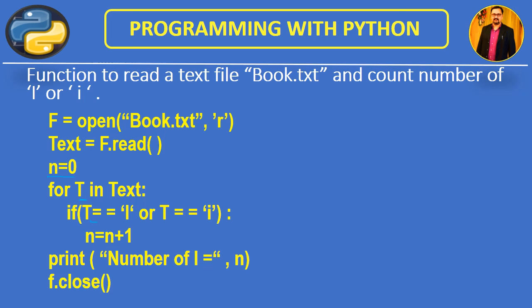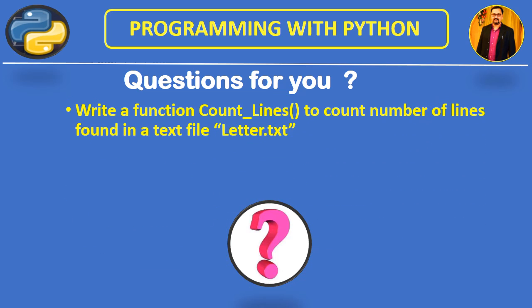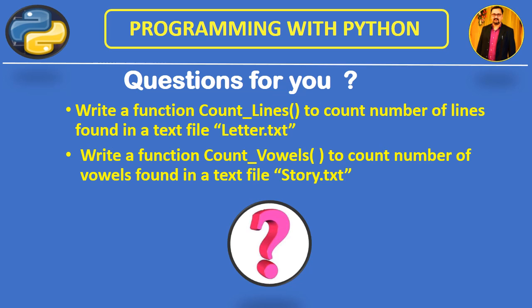So for T in text, where text is the entire content, T will take one character from this text. Then using an if condition you check if T equals capital I or T equals small I, n equals n plus 1, and at the end it will display the number of I's.